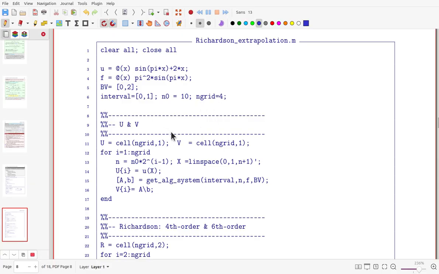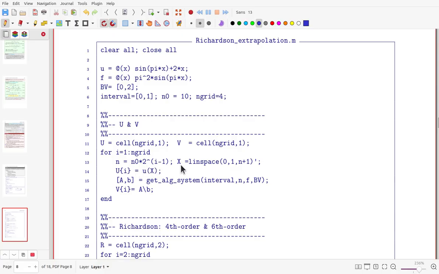Now, in this portion, we try to save the result into cells, U and V. U is the exact solution. V is the computed solution. That is related to the first step. Okay. Now, I is moving from 1 to n grid, which is 4, and n is n0 times 2 to the I minus 1.